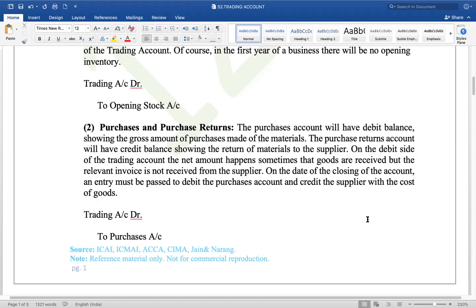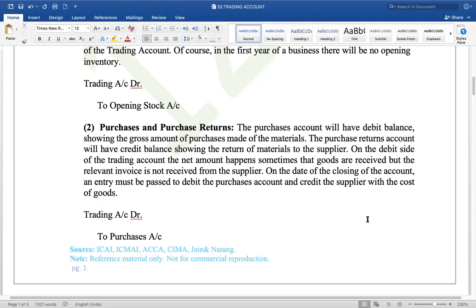What is profit and loss account? I told you, or trading account for that matter, they are nominal accounts. All expenses are debited and all incomes are credited. And in this case, purchases is an expense. If it is an expense, it is to be debited to the trading account.